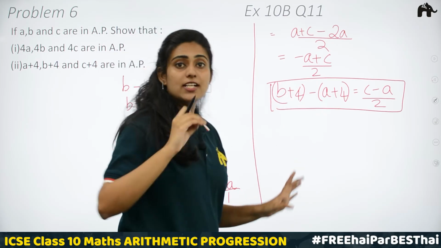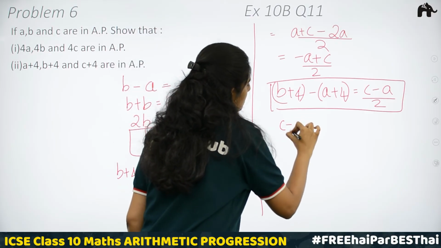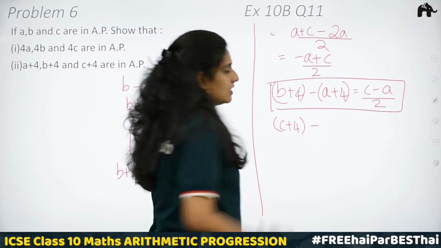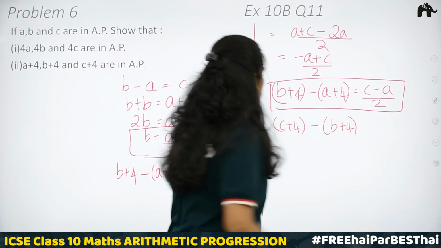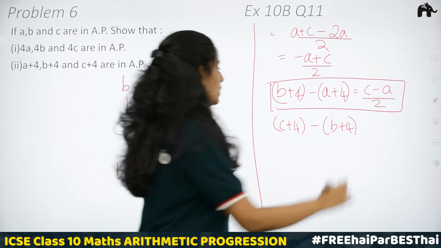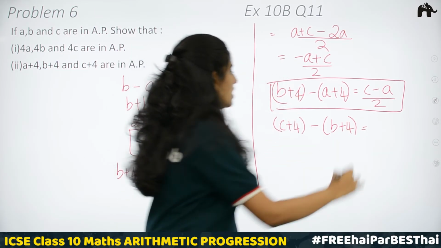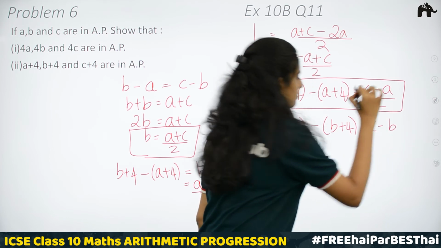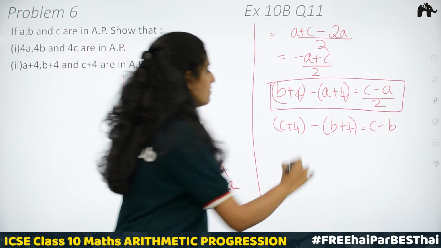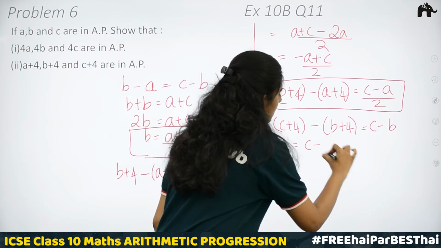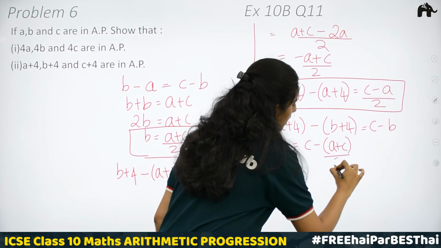Similarly, we find the difference between the third term and second term. Third term is C plus 4. Second term is B plus 4. C plus 4 minus B plus 4 will be equal to, plus 4 minus 4 can be removed. We will be having C minus B. Substituting the value of B, A plus C by 2 here, we get C minus A plus C divided by 2.